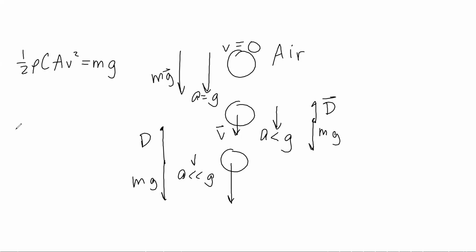And so you can solve for v and get an expression for the terminal velocity, being the square root of 2mg over rho c a. That ends up being an expression for terminal velocity that you find in the textbook.